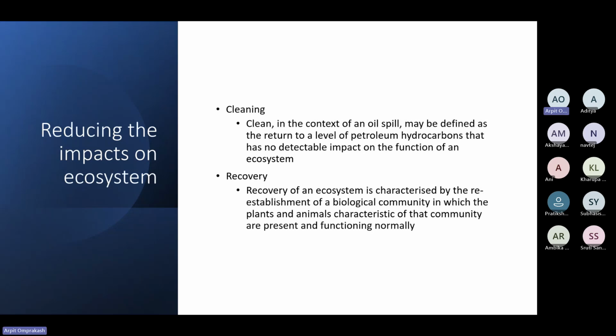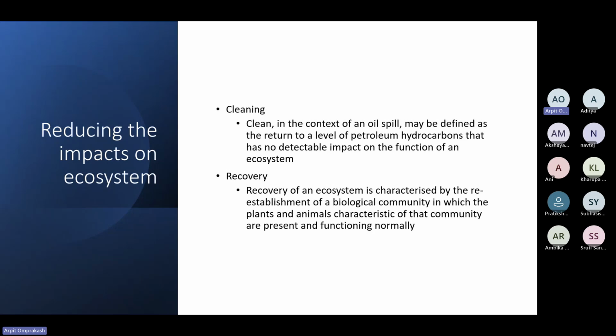So how can we reduce the impact of these oil spills on the ecosystem? We can do two things. First is cleaning. In the context of an oil spill, cleaning is defined as returning the level of petroleum hydrocarbons to a level that has no detectable impact on the function of the ecosystem.